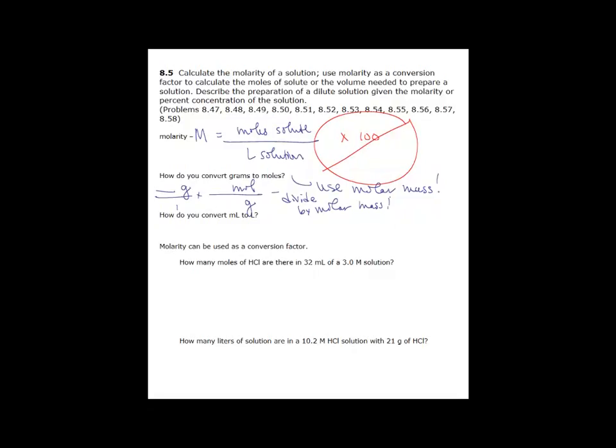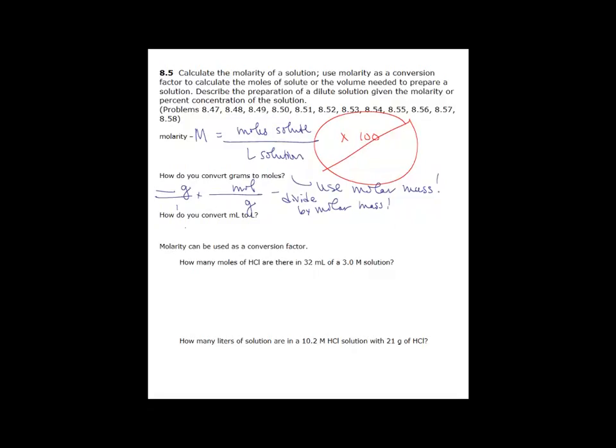So sometimes when you're given a molarity problem, you'll be given a quantity in grams, and before you can calculate molarity, you have to convert the grams to moles. Also, you could be given a volume in milliliters, and you have to convert it to liters before you can use molarity.